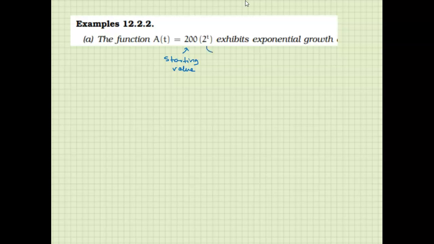Now the base here, the 2, tells you that this value doubles every time unit. So this is saying that it's doubling every t units. Okay, so the exponential kind of makes sense to what's happening.